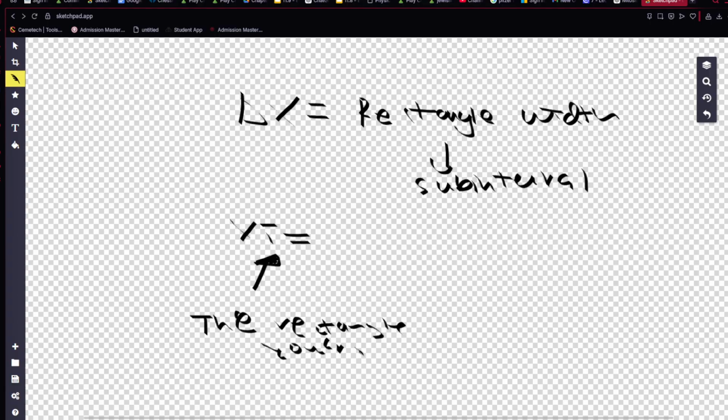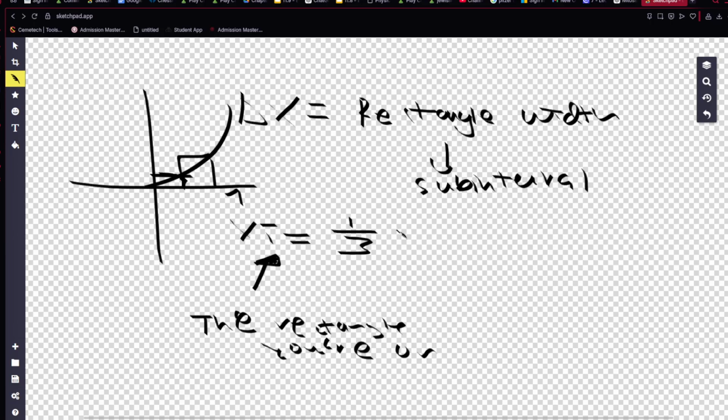So if you're on the first rectangle, let's just draw the parabola again, because that's my favorite example. If you're on the first rectangle, let's say that there's 3 rectangles, then x_i is going to be equal to 1/3, because you're on the first rectangle that's 1/3 wide. But then at the second rectangle, you're just moving up the same distance, 1/3, and the same distance, 1/3.